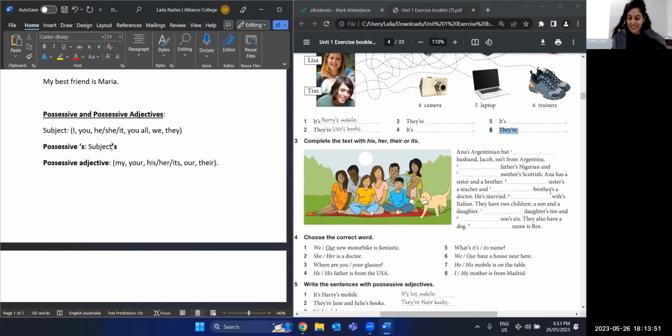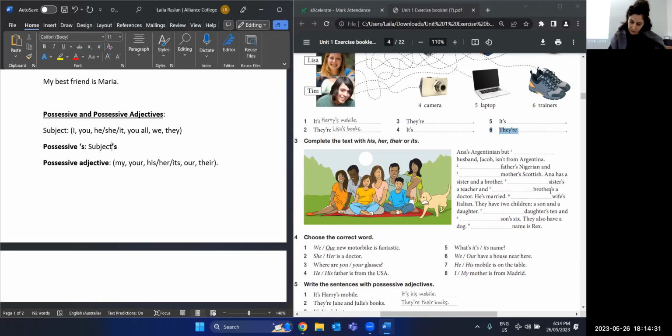Anna's Argentinian. His father's Nigerian and her mother's Scottish. Sorry, Anna's Argentinian, but her husband, is he from Argentina? His father, yeah, his father's Nigerian and her mother's Scottish. Is it about Anna?